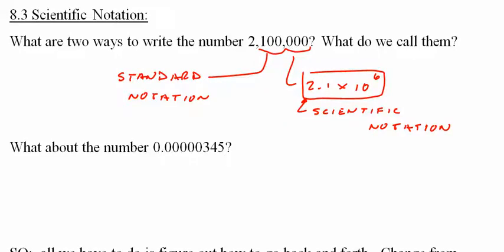To go backwards, we go the other way. 2, 3, 4, 5, 6. So if we're going to the right, it's negative. If we convert to the right, negative exponent.